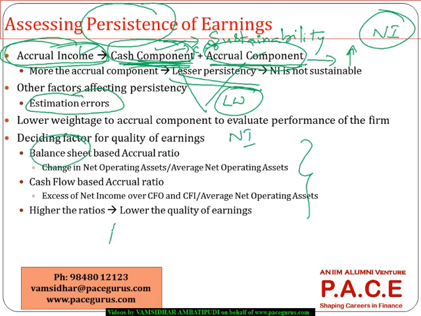There is what we call the accrual ratio, which we find out. We can find this out from the balance sheet elements, and also we can find it out from the cash flow elements. So whatever mechanism I am using, in case I am getting a higher accrual ratio, it means accruals are forming a very significant proportion of my total income, which means the sustainability of my earnings is at stake.